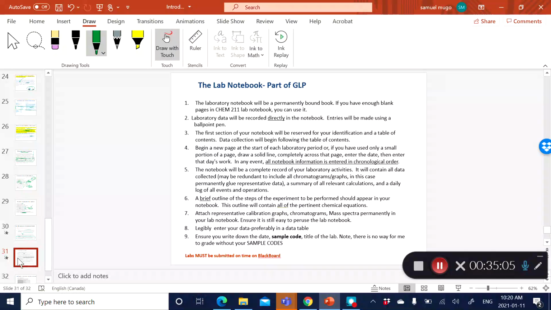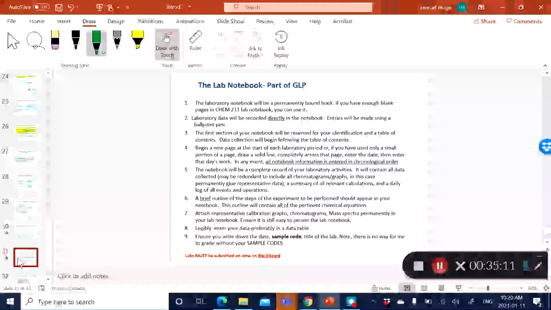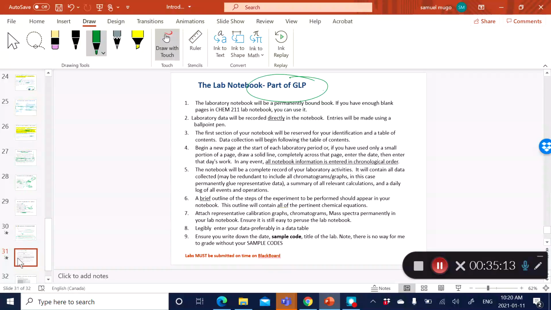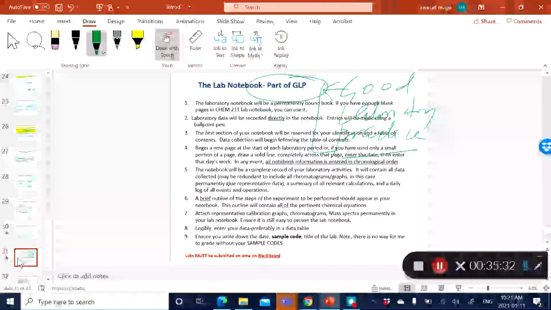Now, I'm also gonna post additional notes with regard to how you should treat your lab notebook, which is part of GLP. GLP stands for Good Laboratory Practices. All of us are required to follow GLP, which is a requirement in most of the industries that hopefully some of you are gonna end up in.